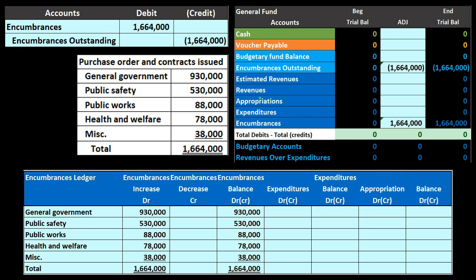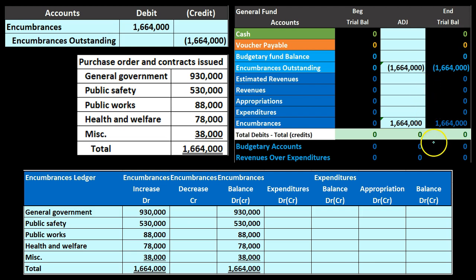So when we record this, we're going to have a debit to encumbrances. Encumbrances is going to increase. It looks like an expense, but again, it's not a budgetary account and it's not revenue minus expenses. It's going to be this other holding account. And the other side of it is going to go into an equity type account that would be similar to an equity account for a for-profit organization, the assets minus liabilities type of section.